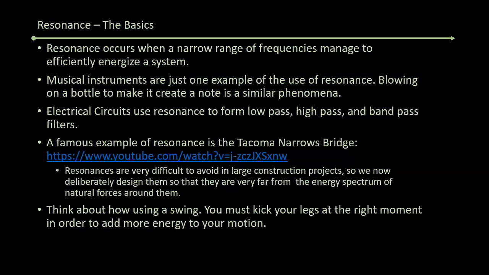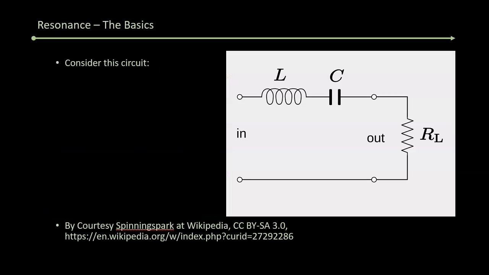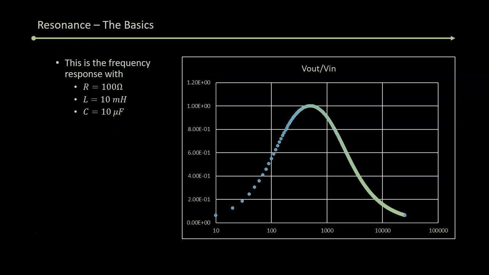Let me show you a quick example of an LC or RLC circuit. This is just an inductor, which is very often just a coil of wire around some ferromagnetic material. This is a capacitor and a resistor. We'll learn more about all of this later in the semester. But when you look at this circuit, it has a particular resonant behavior. I've put in some fairly realistic values that give us a resonance around 500 hertz.